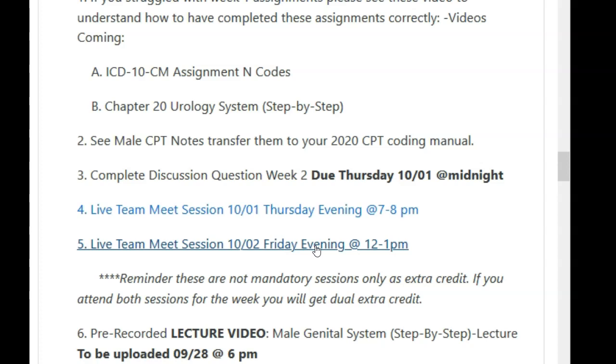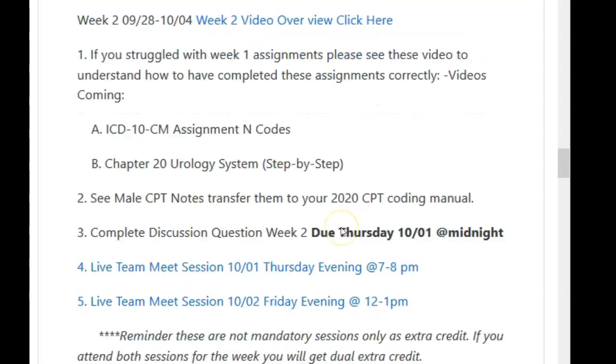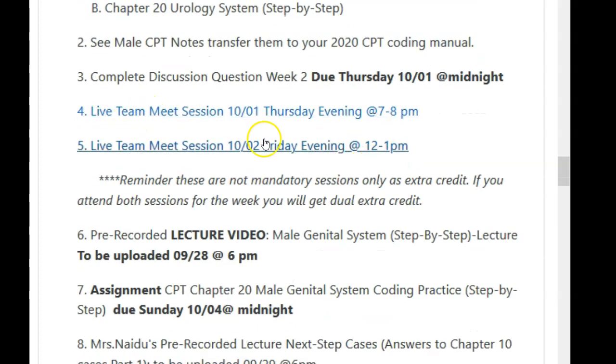So make sure that you take the time aside from any other activity you're doing. Have your coding book in front of you so you can follow along. And also, please bring any specific questions that you may have in regards to this week's assignments. If you have any specific questions, that is the time that you want to ask.